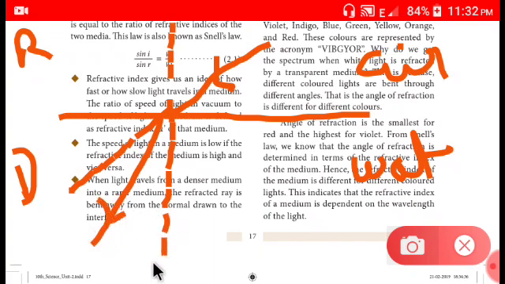Why is it refracting towards the normal? The reason is, in the denser medium the speed of light is reduced, so that's the cause of refraction, and that's why it leans towards the normal. So if light enters from rarer to denser, it leans towards the normal.